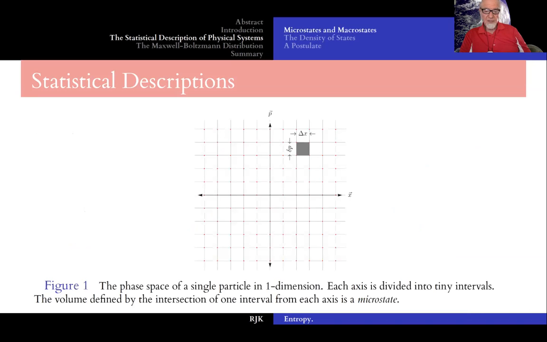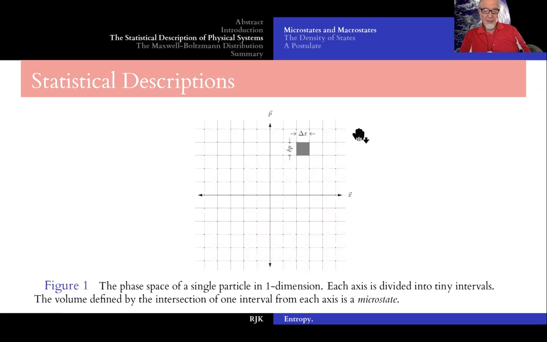So this shows the picture. This is the entire phase space. You have to think of this as 3 dimensions, and if there are 10 particles, then this would be 30 dimensions. And the way I've drawn it, this is 1 dimension, 1 particle.